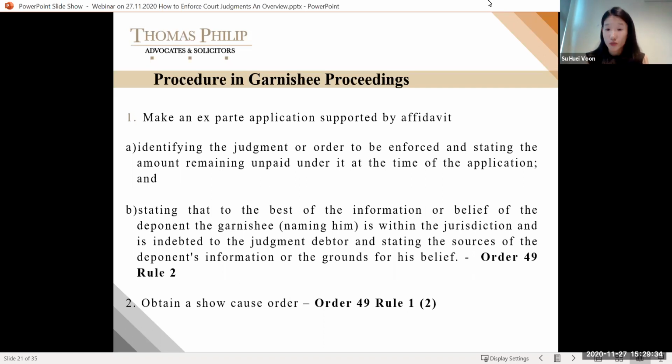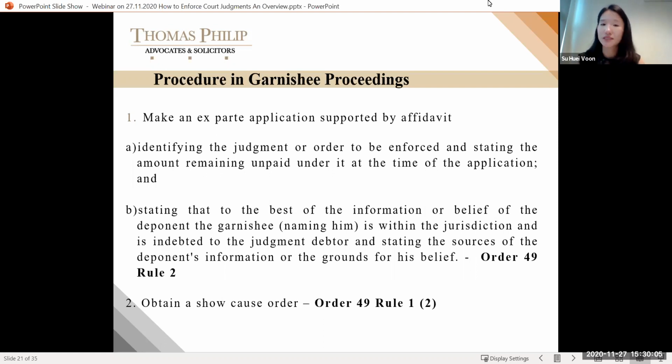So if you are the judgment creditor and you want to take the monies from the judgment debtor's bank account, how do you do it? You make an ex parte application supported by affidavit. Ex parte means you don't need to give notice to the other side. Your affidavit will explain what is the judgment or order to be enforced. Usually you would already have a court judgment, and you will state the amount that is unpaid at the time of the application.